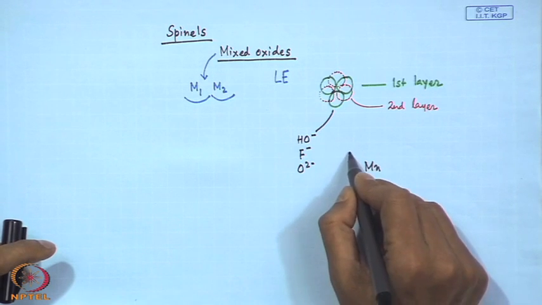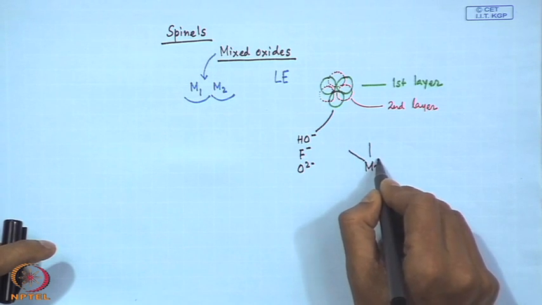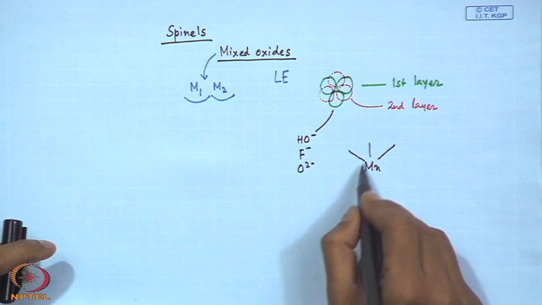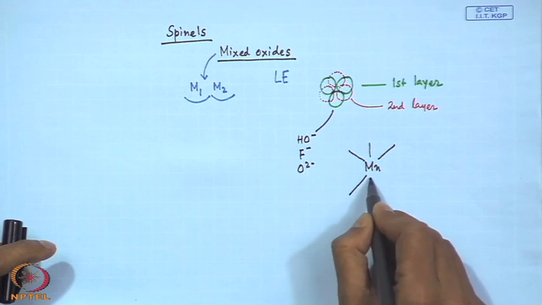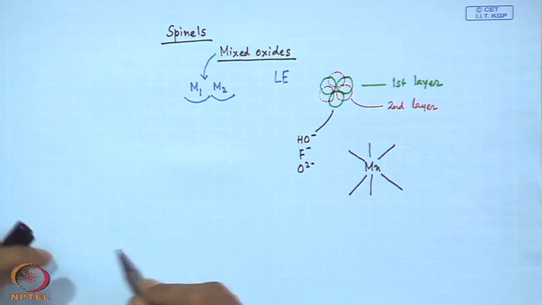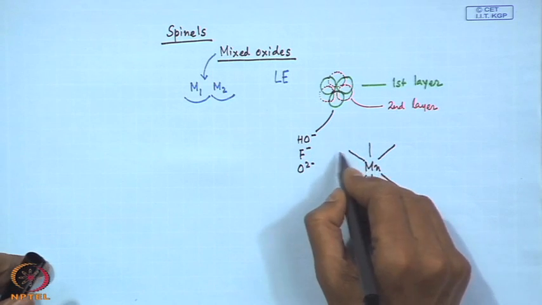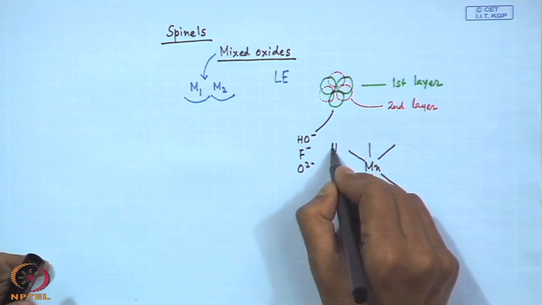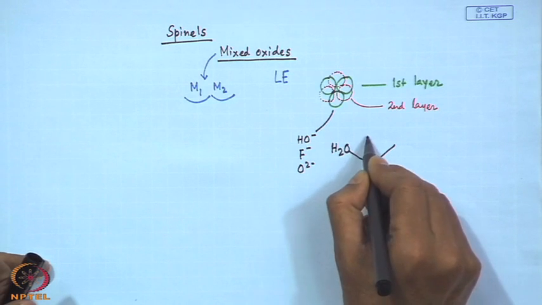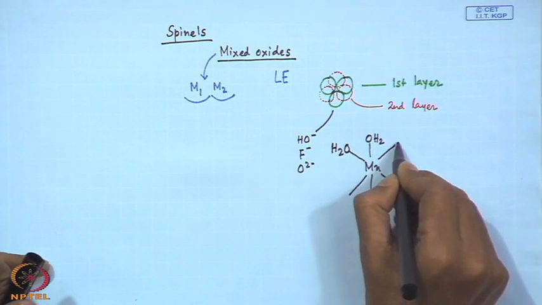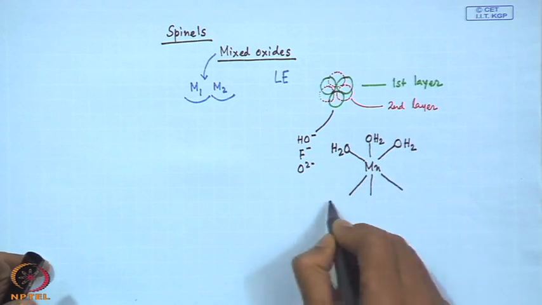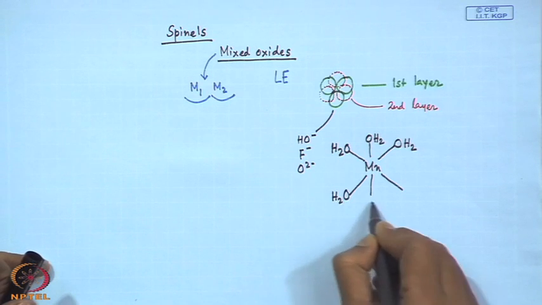So, we have one layer of ligands, then we have manganese, then another layer of ligands. That means manganese is bound to several of these water molecules, these are all water molecules.